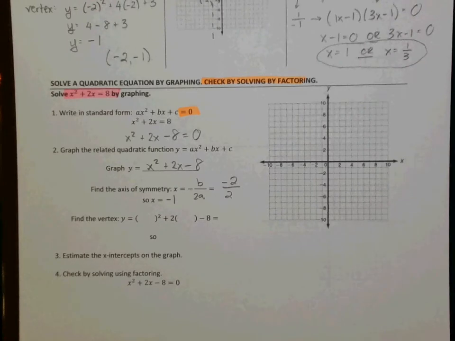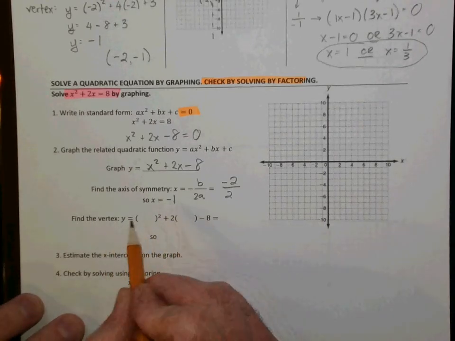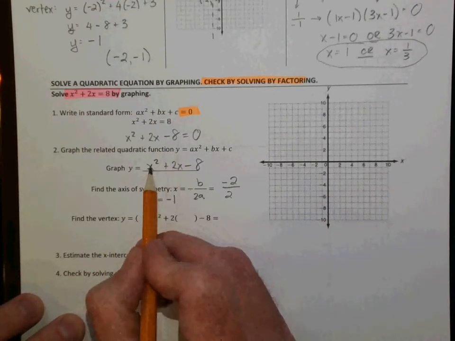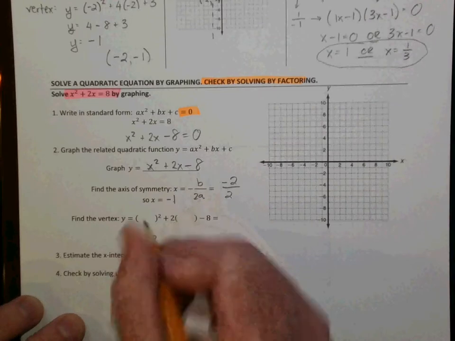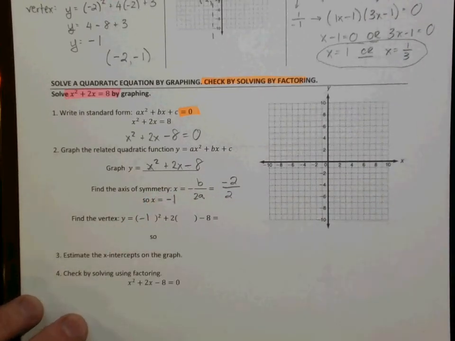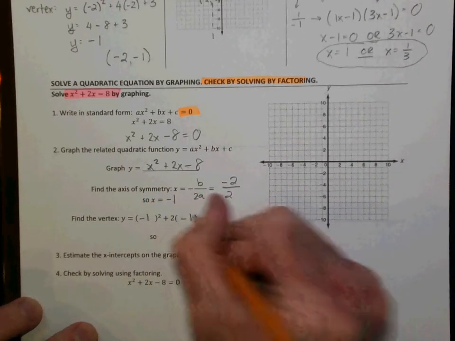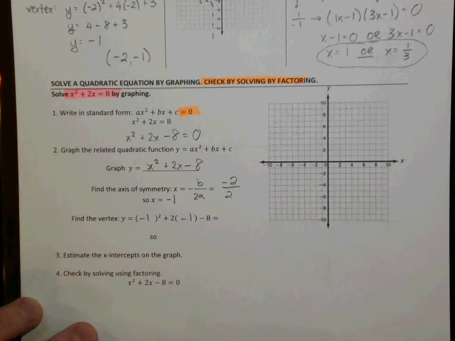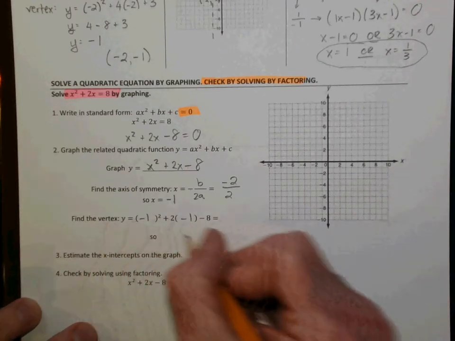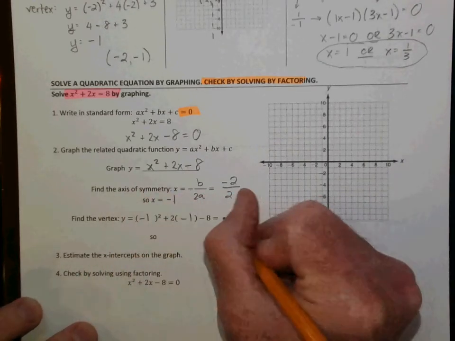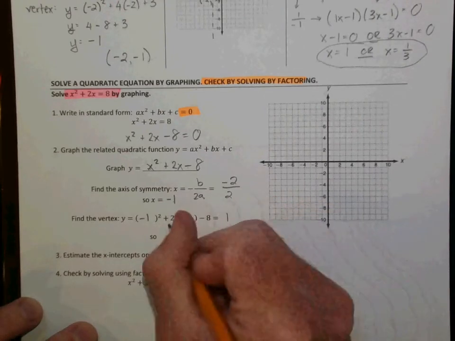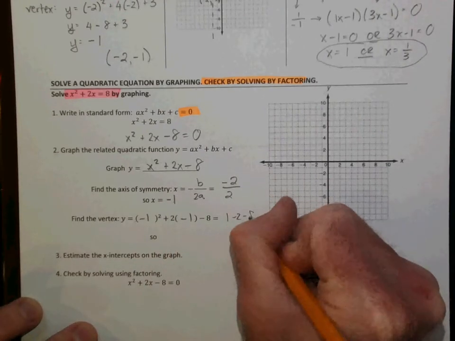So if I want to find the vertex, same as in problem 1 in the opener, I'm going to plug in this negative 1 wherever I see an x. So it'll be negative 1 squared plus 2 times negative 1 minus 8. So negative 1 squared is 1. 2 times negative 1 is negative 2, minus 8.